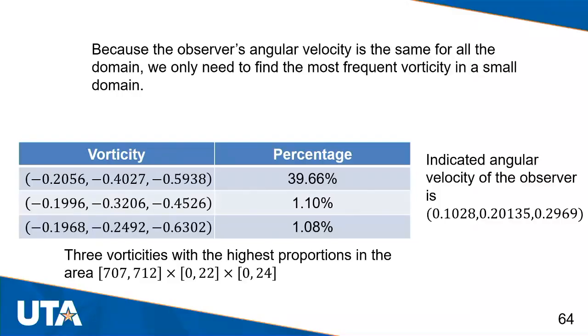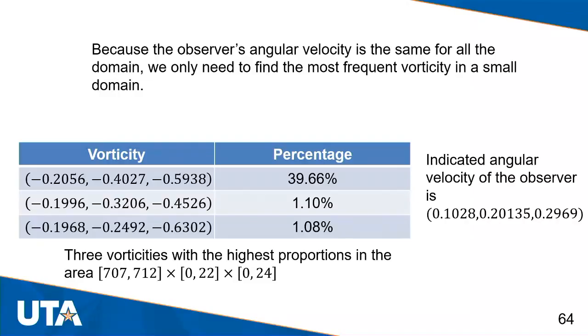Since the observer's angular velocity is uniform for the whole domain, if we can find it for a small region, then that result can be applied to the whole region. So to improve the efficiency, we just find the most frequent vorticity.